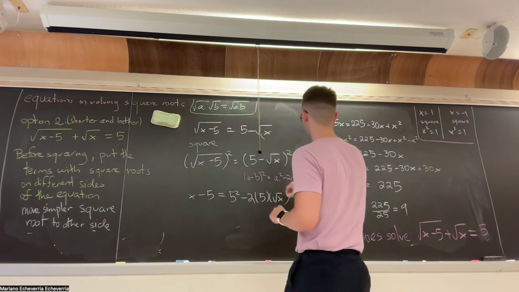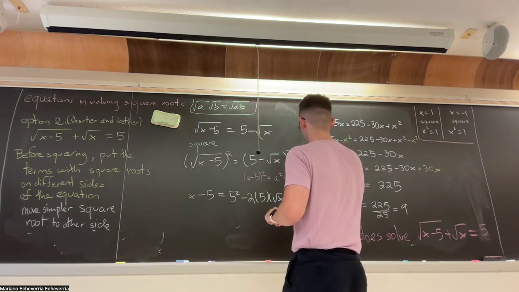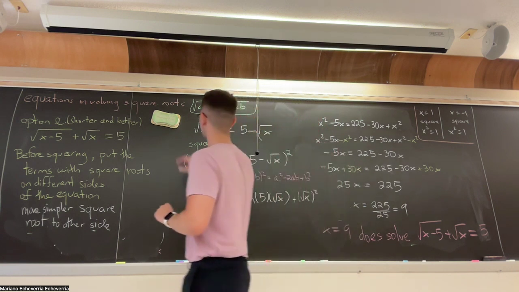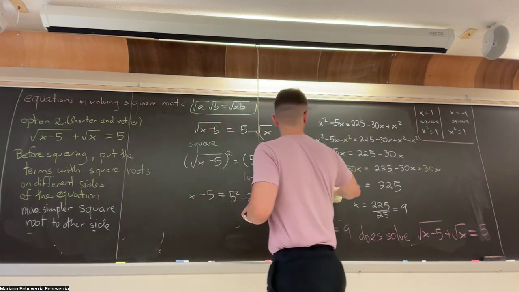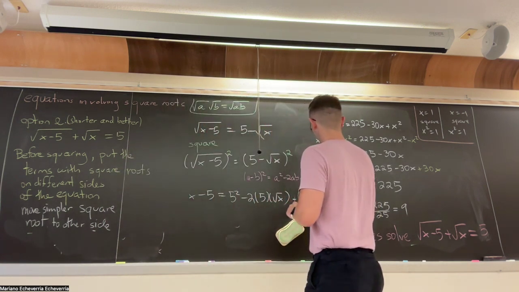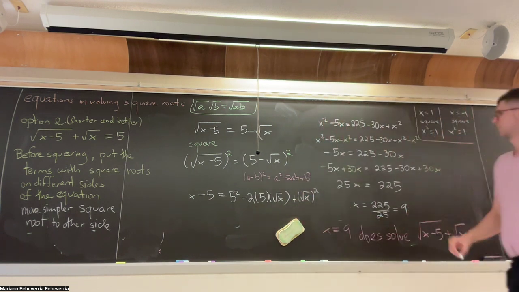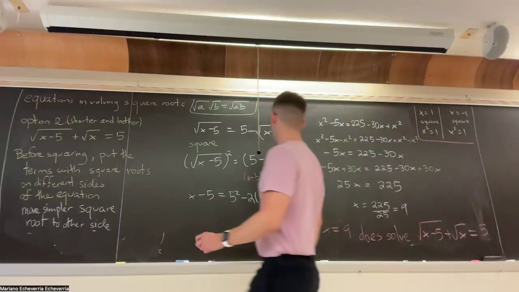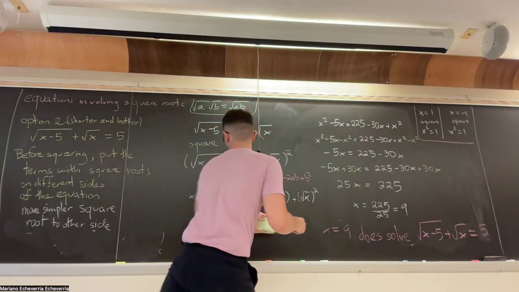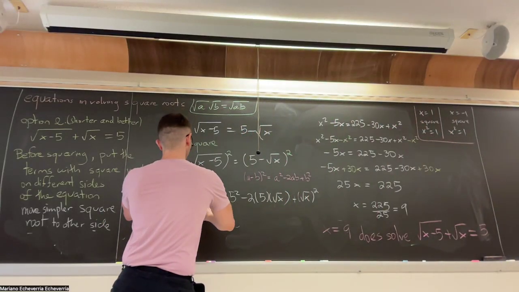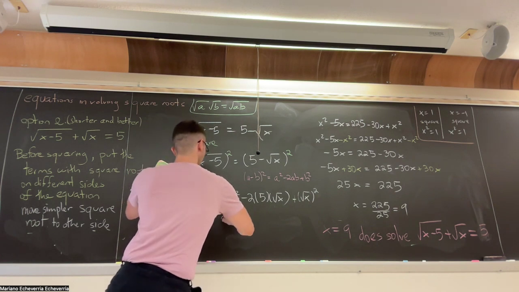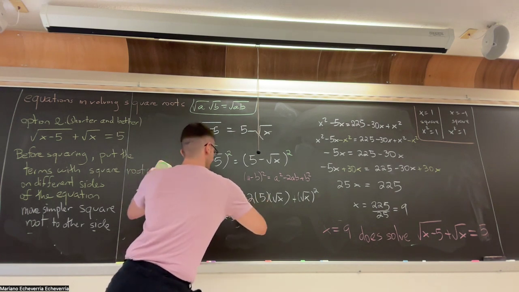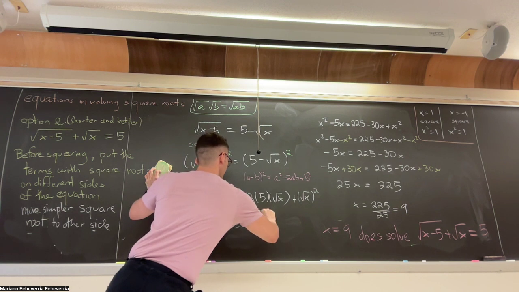And then you square the root of x. Okay. So let's simplify this a little bit. You get x minus 5 equals 25, 2 times 5 is 10, minus 10 root of x plus x.